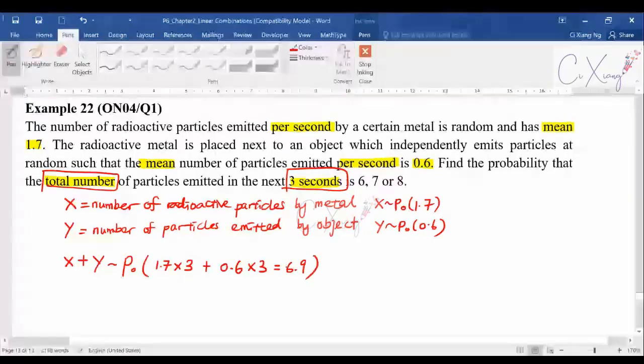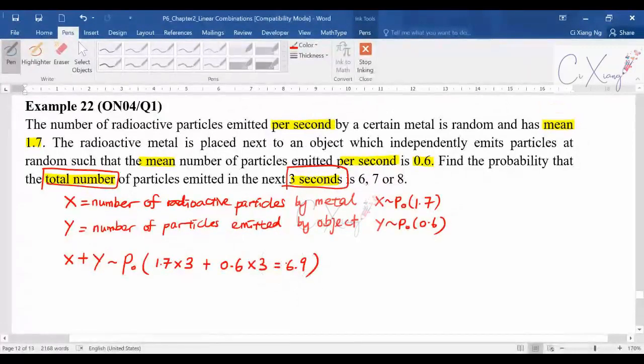So this is the total number, the X plus Y, the mean for the total number for the next 3 seconds. And what they want you to calculate is the probability that the total number equals 6, 7, and also 8. All right, so please take note that this is still a Poisson distribution. Therefore, when you want to calculate the probability, you need to use the Poisson formula.